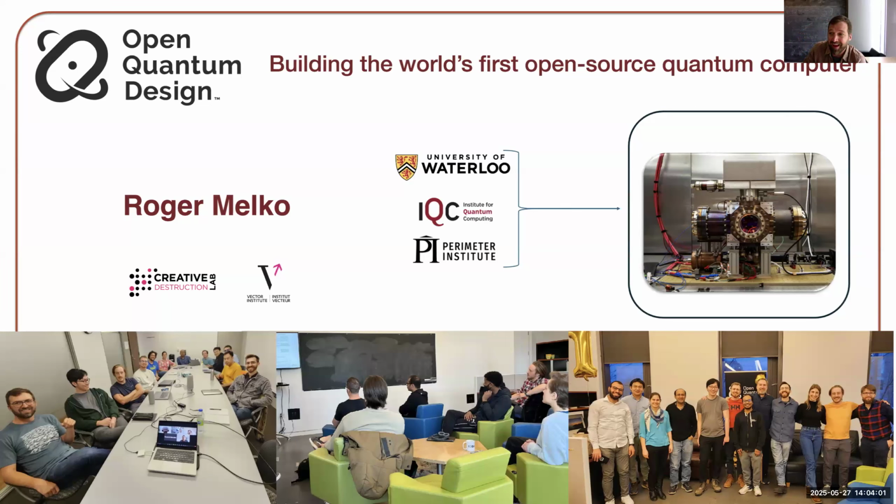where I'm an affiliate, and which has both an experimental and a theoretical effort in quantum computing, as you know. So the device on the right-hand side there is one of IQC's main efforts towards building a quantum computer, which is an ion trap device.